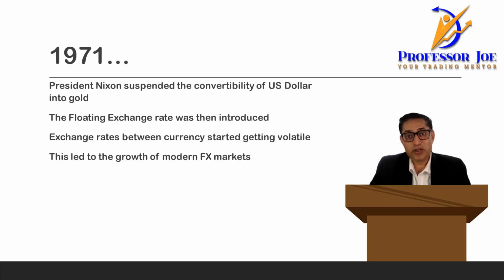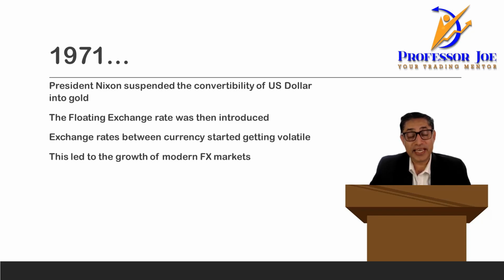Now, there were a lot of reasons for the announcement that was made in 1971. We will not get into those reasons because that is not our goal. But yes, in 1971, President Nixon made the historic speech announcing the suspension of the convertibility of the US dollar into gold.